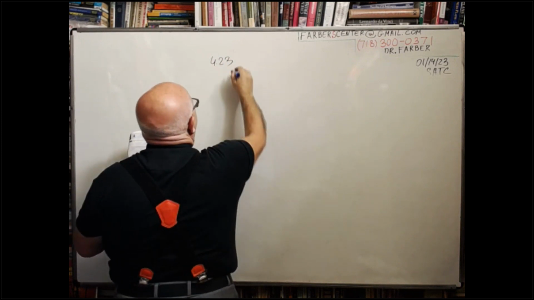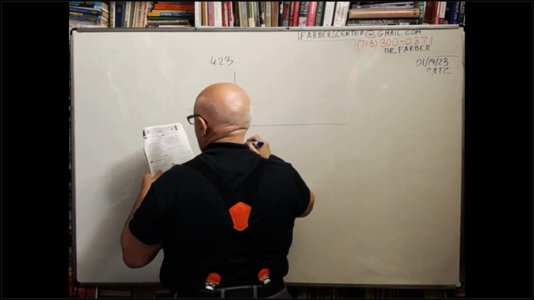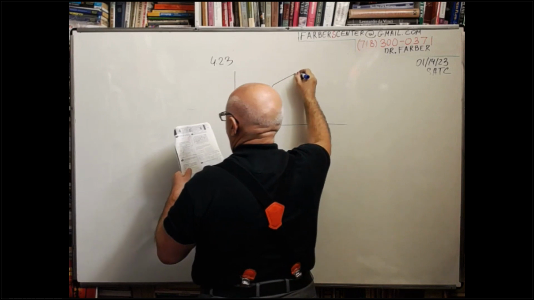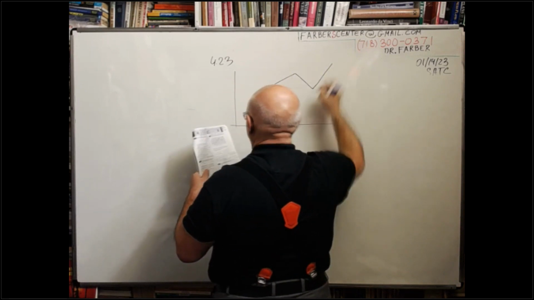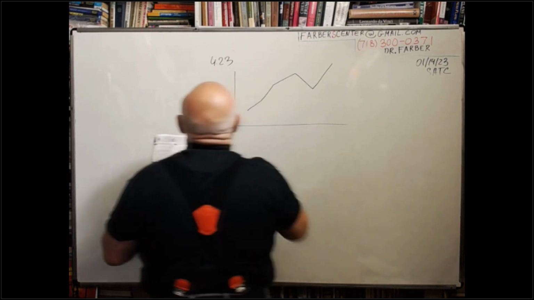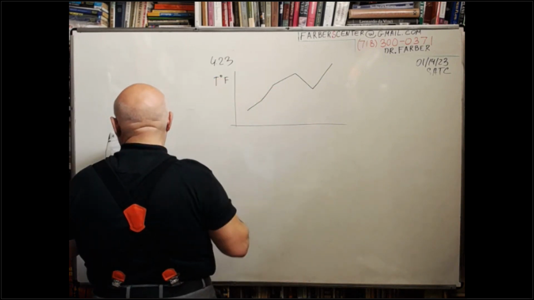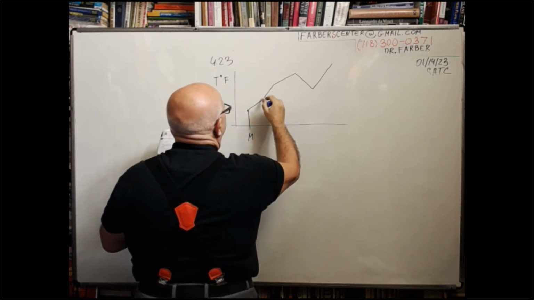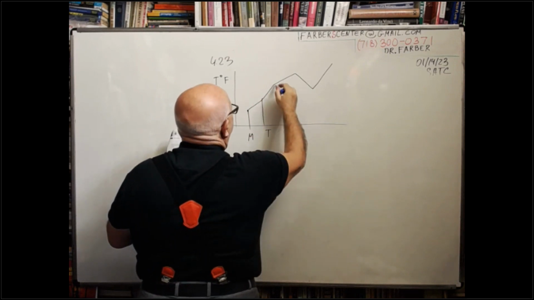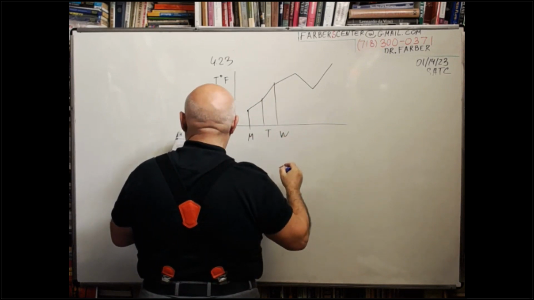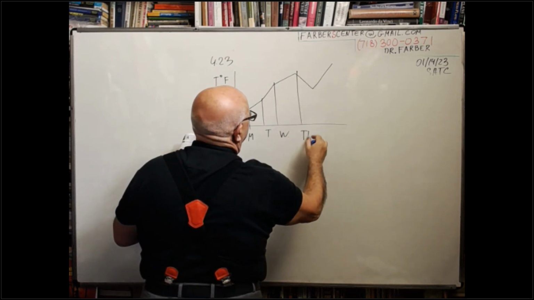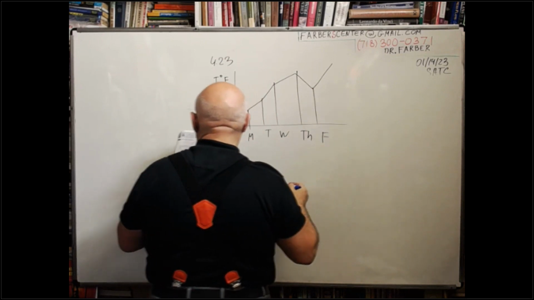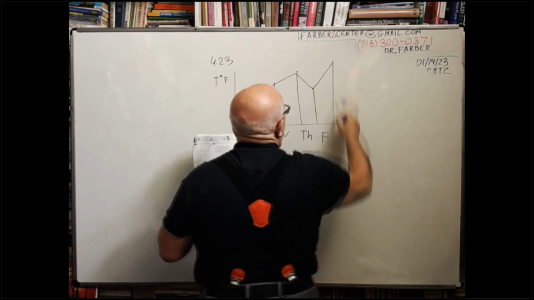So I schematically make this graph for explanation somehow. And this is temperature, Fahrenheit. And this is Monday, Tuesday, Wednesday, Thursday, Friday, and Saturday.